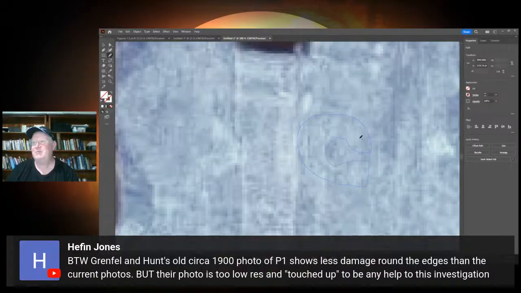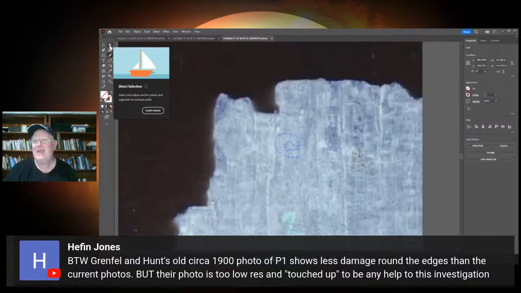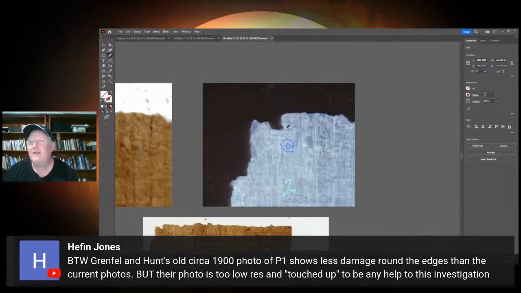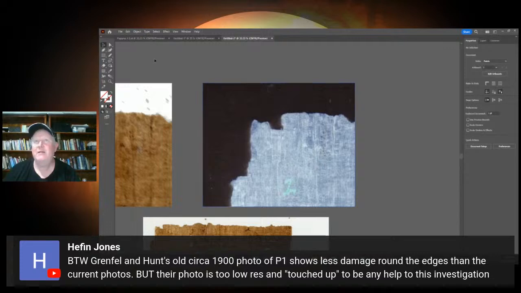Whoops, that's terrible. I feel like a little kid. Let me zoom out and go delete. Can you see it there? Okay.